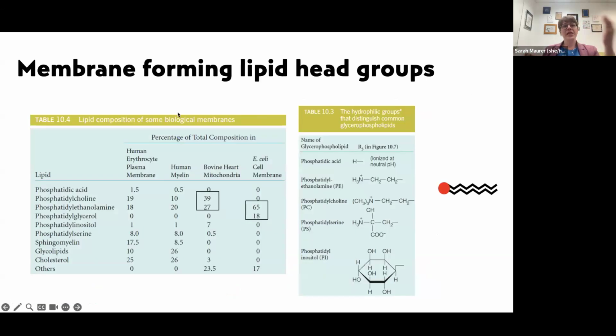So when we talk about membrane forming lipids for modern biology, not for the origins of life, we think of it as having a head group, which is here as this little red circle. And in biology, there's a large variety of different head groups.